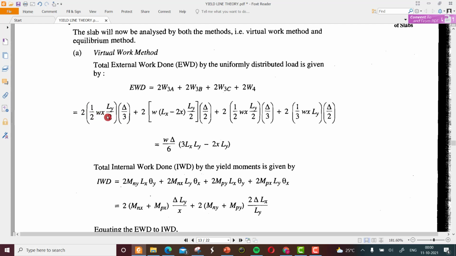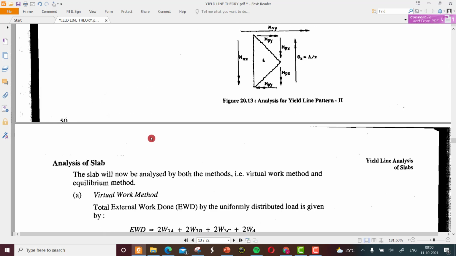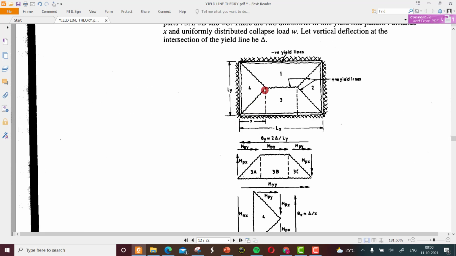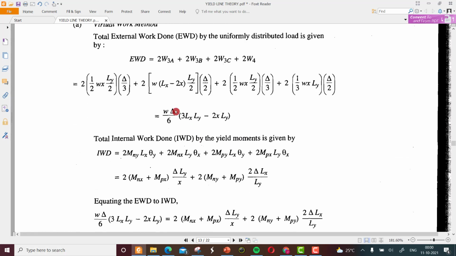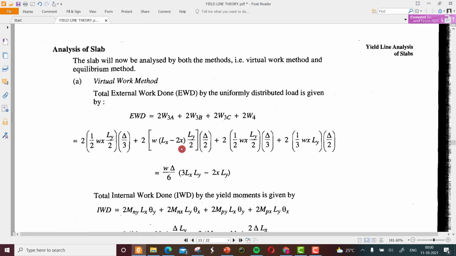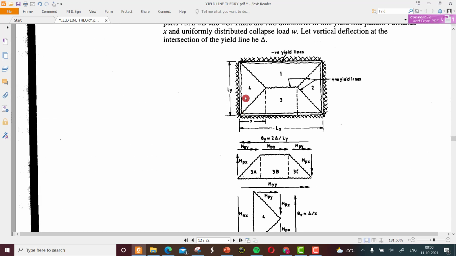2 into half into Wx into Ly by 2 into delta by 3, taking from the centroid, plus 2 into W into Lx minus 2x. We know the distance from this support end to here is x. Similarly for the right side also, so x plus x is 2x.